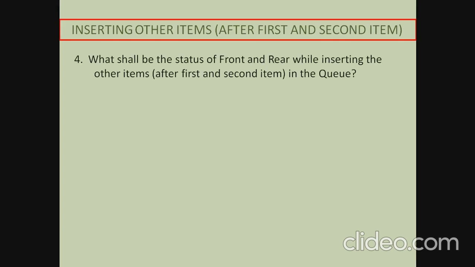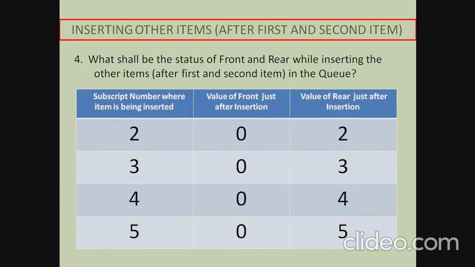When subscript number 2 is filled, that is, we insert a value in subscript number 2, front would be as it is, 0, but rear will change from 1 to 2. When a value is inserted in subscript number 3, front is 0, but rear becomes 3.